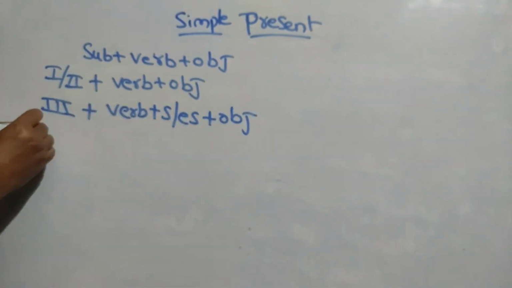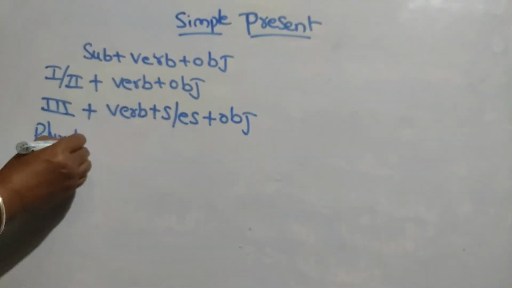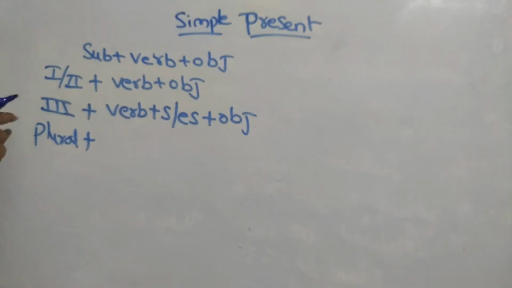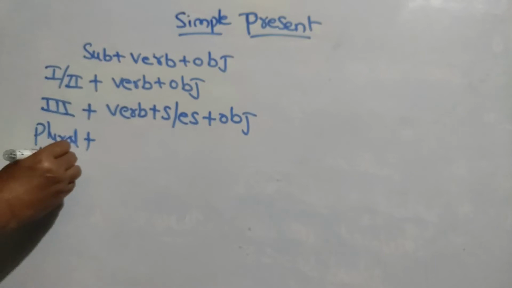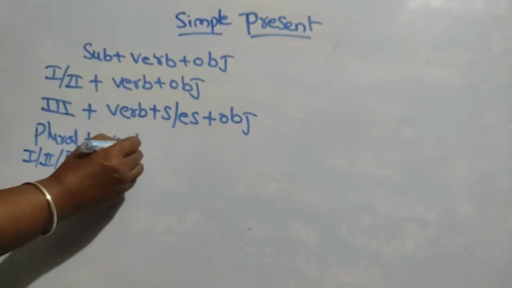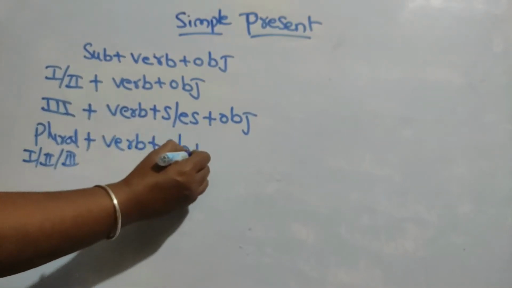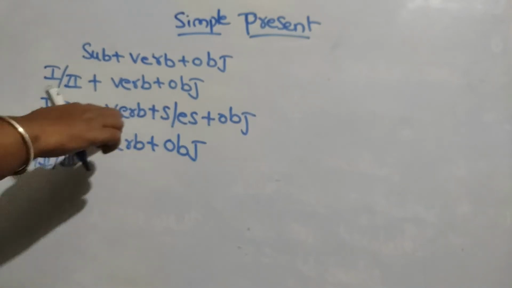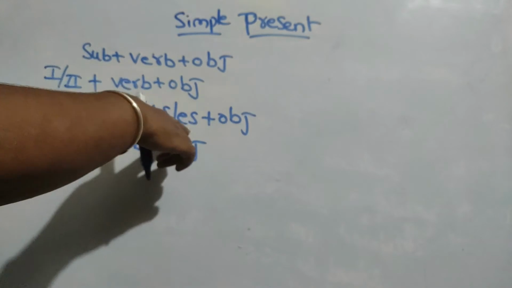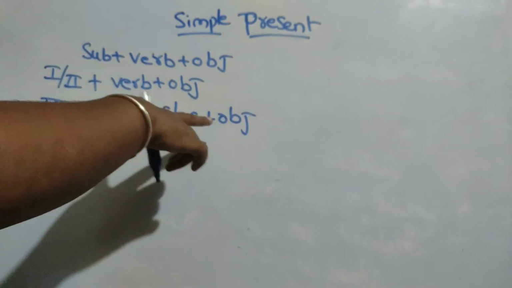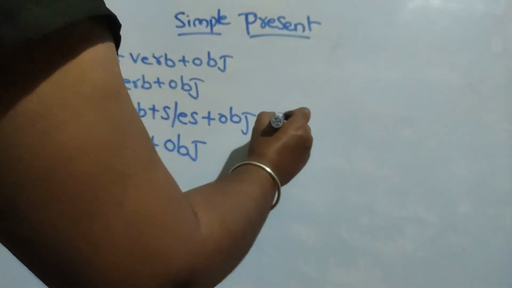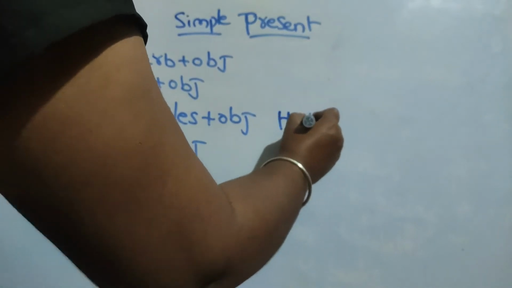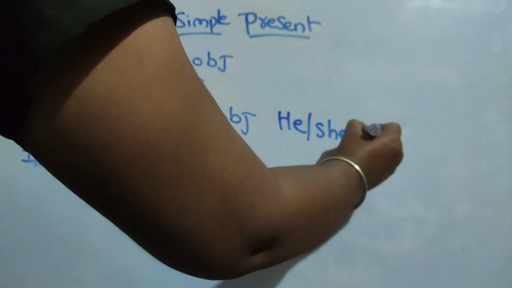If it is plural, for all plurals, whether first, second or third person, we have verb plus object. So remember, whenever we are talking about he, she or it, we need to add s or es at the end of the verb.